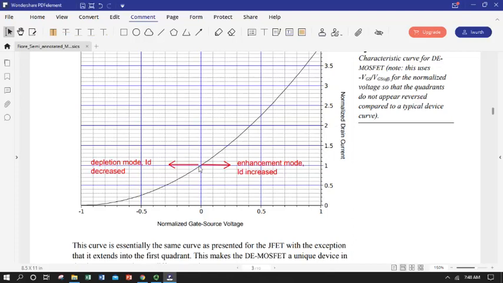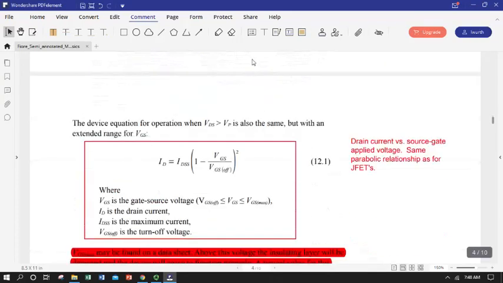If we apply an increasingly negative charge to that gate on that N channel material, our drain current goes down because we're throttling it, just like in a JFET. But if we go the other way, we can widen the channel a bit and increase the current. That gives us a little more room for circuit design. We can throttle in both directions. We can open and close that channel a little bit.